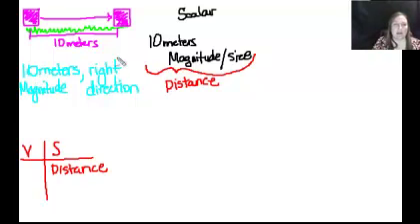Because you've been provided with the direction along with the magnitude, we know that we're dealing with a vector quantity here.